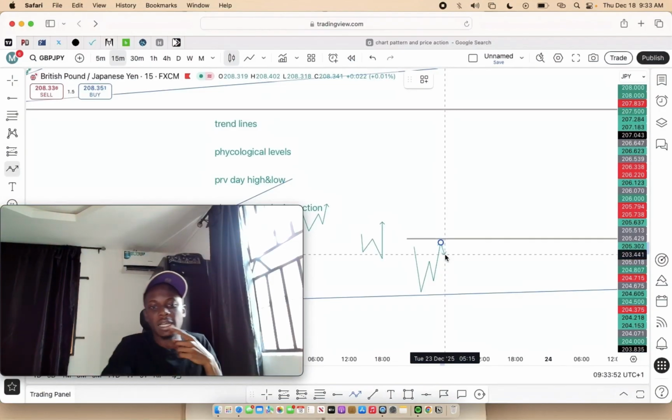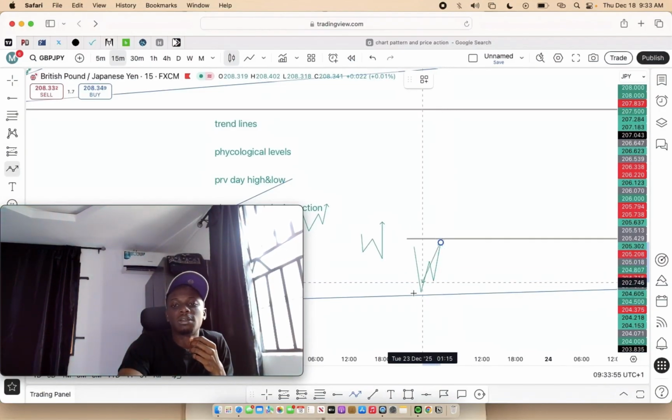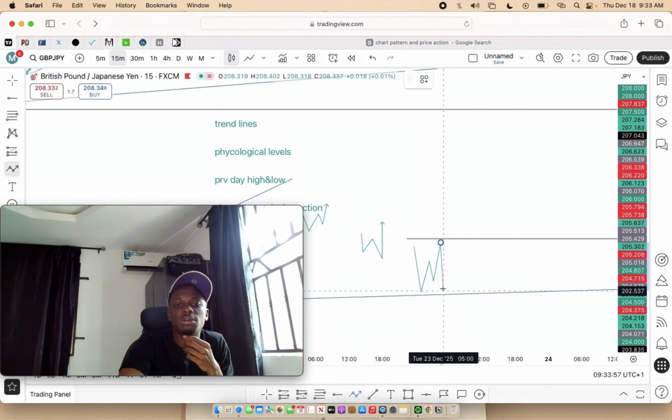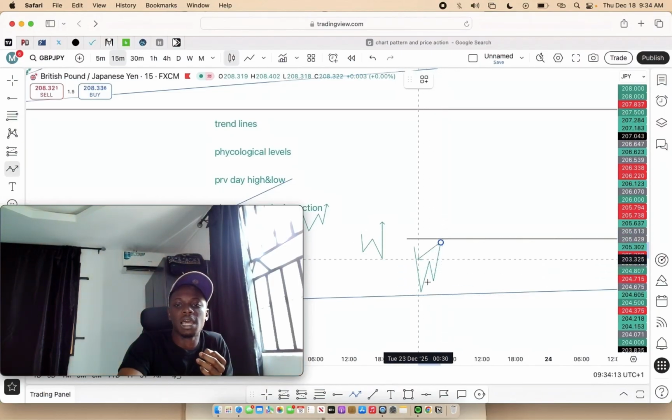So with this W pattern formation, this is one good confirmation I'll be looking for. What is happening before the break of that key level? It's either multiple break rejections happening here, then maybe a bullish engulfing to close above this level, or maybe a nice W pattern forms, then we close above.